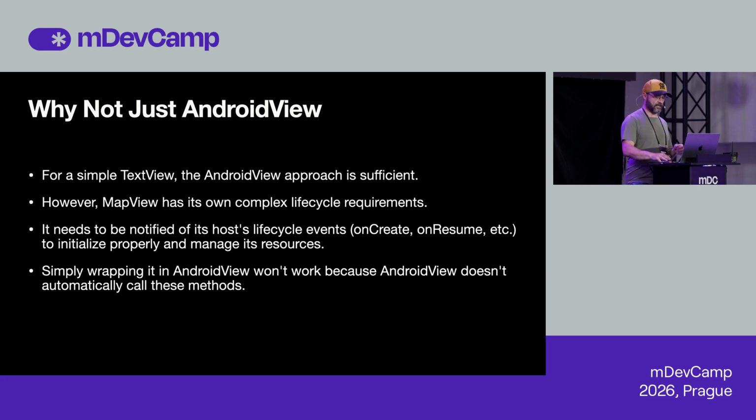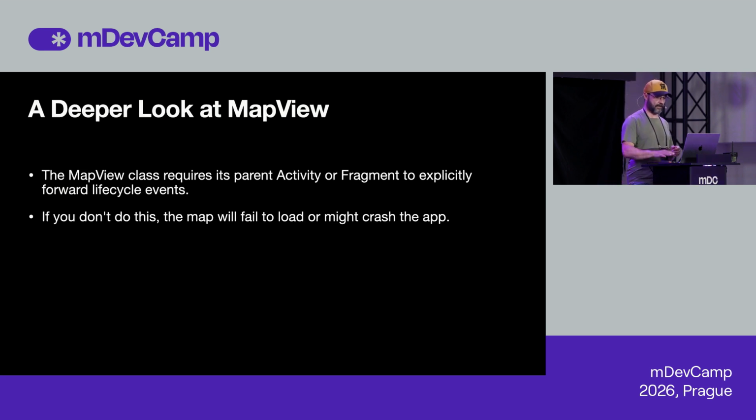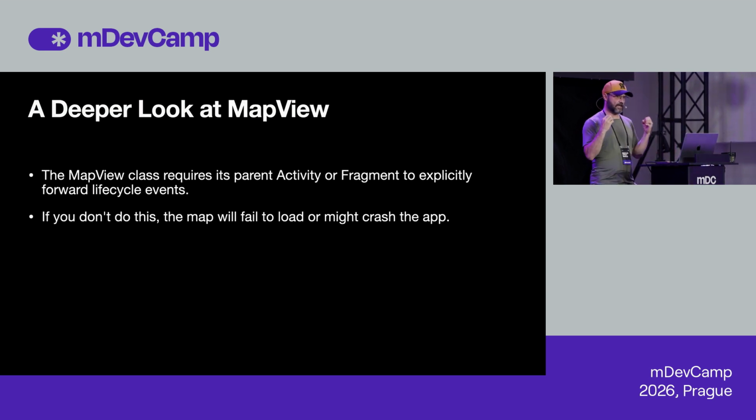So let's start delving into this problem. So yeah, a first problem is that we need to forward the lifecycle events. The map just cannot hold them. It needs to tell the activity or the fragment that, hey, this event happened and we need to do something. If you don't do it, as you know, you're going to have memory leaks, or the application is going to crash, or the map will not be initializing.